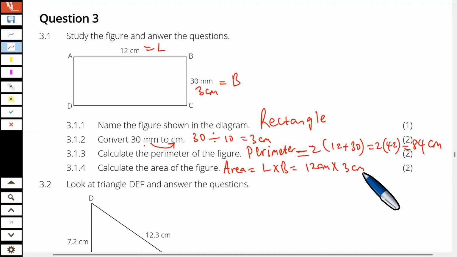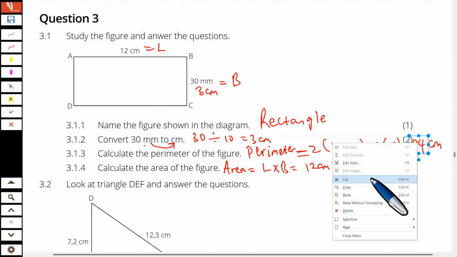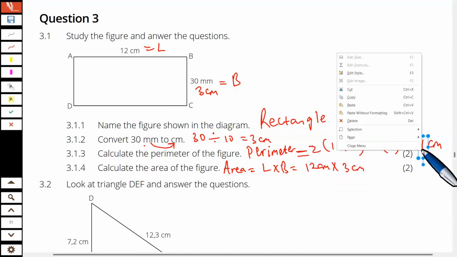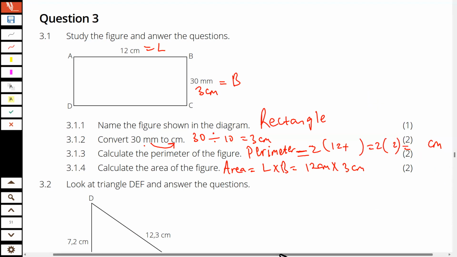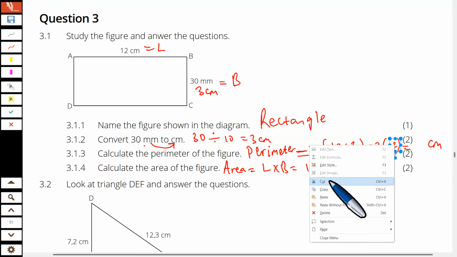Right. I want you to note the perimeter here because you need to change it, since this one is in terms of the 3 only. So in other words, it's 12 plus 3. 15.